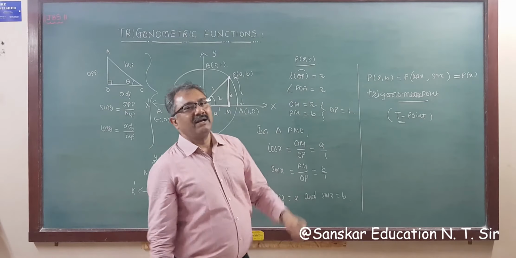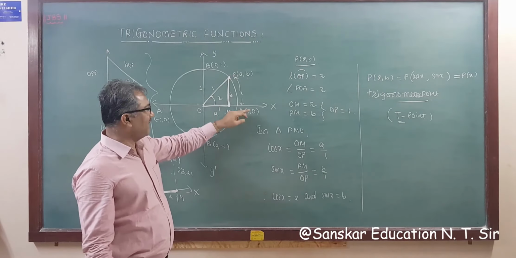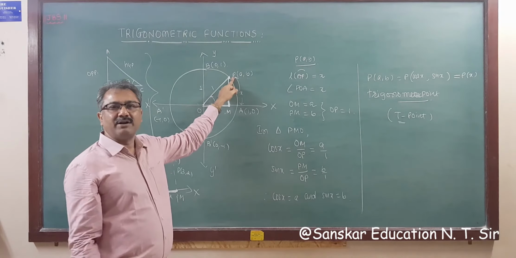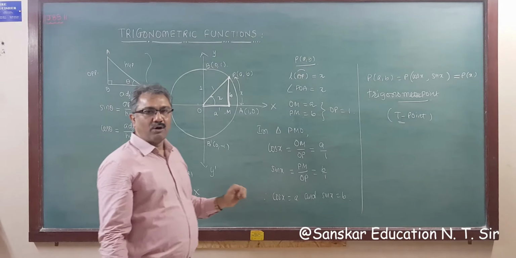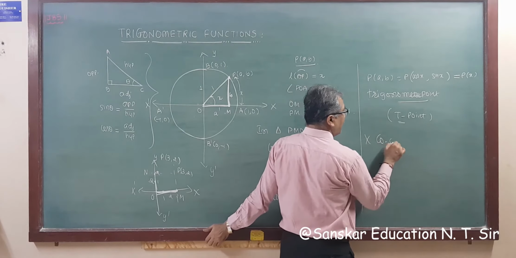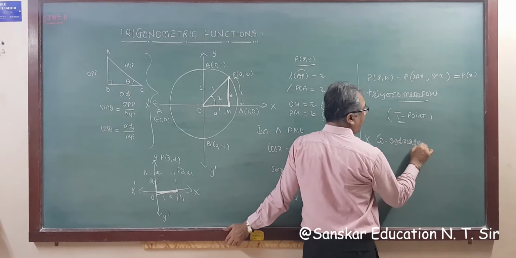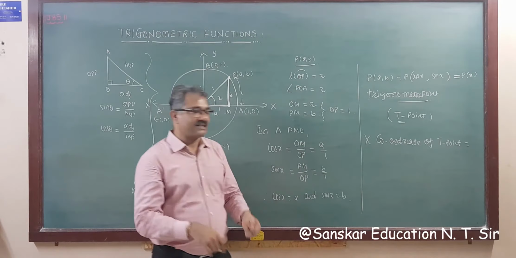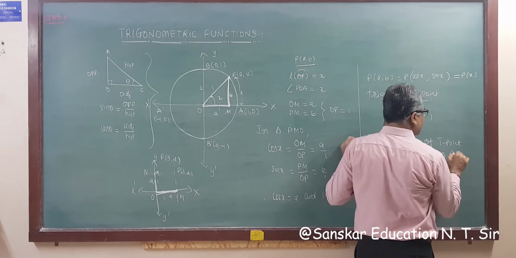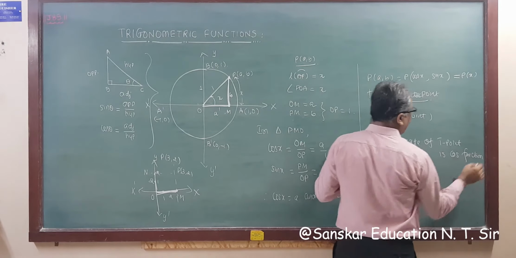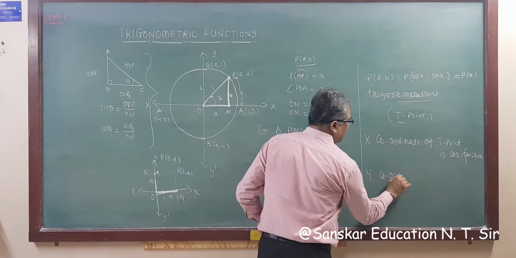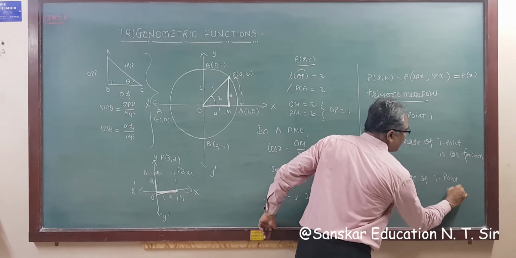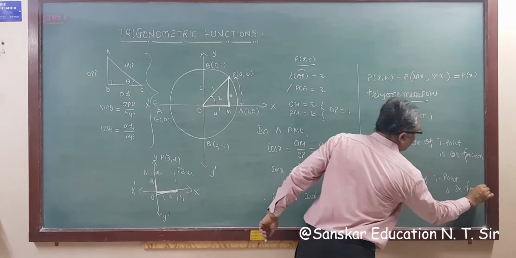Just you have to remember, if the angle made by a point with the x-axis is x, then this point P(A, B), or P(x), is called a trigonometric point, and the x coordinate of the T point is always the cos function, and the y coordinate of the T point is the sine function.